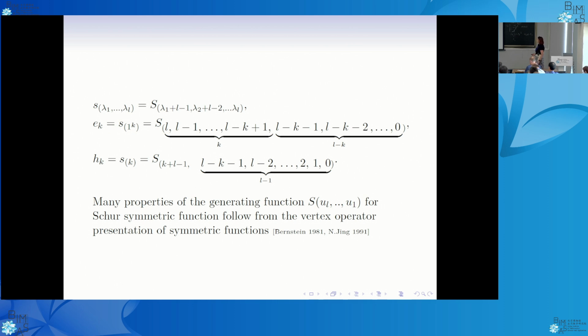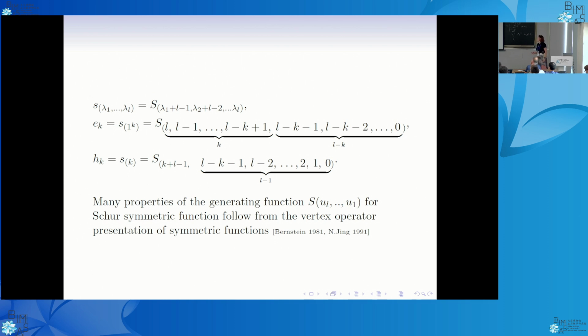Elementary symmetric functions correspond to these coefficients, and complete symmetric functions also correspond to these coefficients inside this series. And many properties of this generating function S(u_L, ..., u_1) for Schur symmetric functions are especially well studied with the help of vertex operator presentations of symmetric functions.